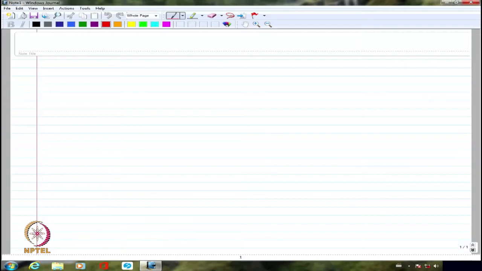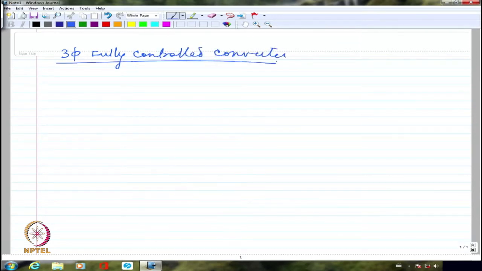So we had stopped at the point of three-phase fully controlled converter. This is where we had stopped. And I think I had drawn the waveform corresponding to alpha equal to 30, alpha equal to 60, alpha equal to 75, and then maybe 90.